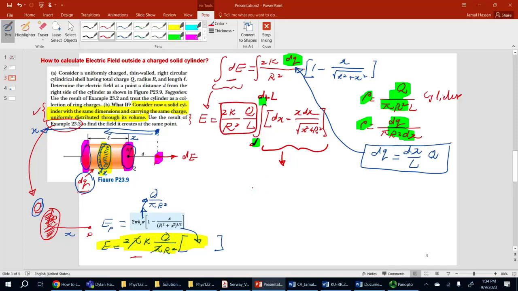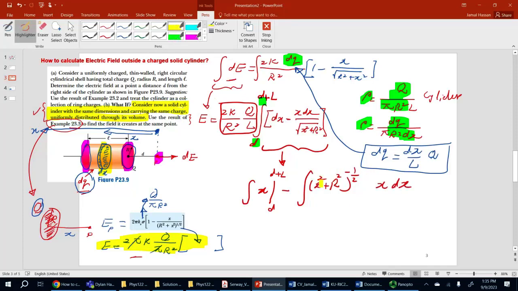So this is going to be something like that. The first piece is going to be equal to x from d to d plus L, minus the integral of the second piece, which I'm going to write like this: x squared plus r squared to the power of minus 1 over 2, and then we have x dx.